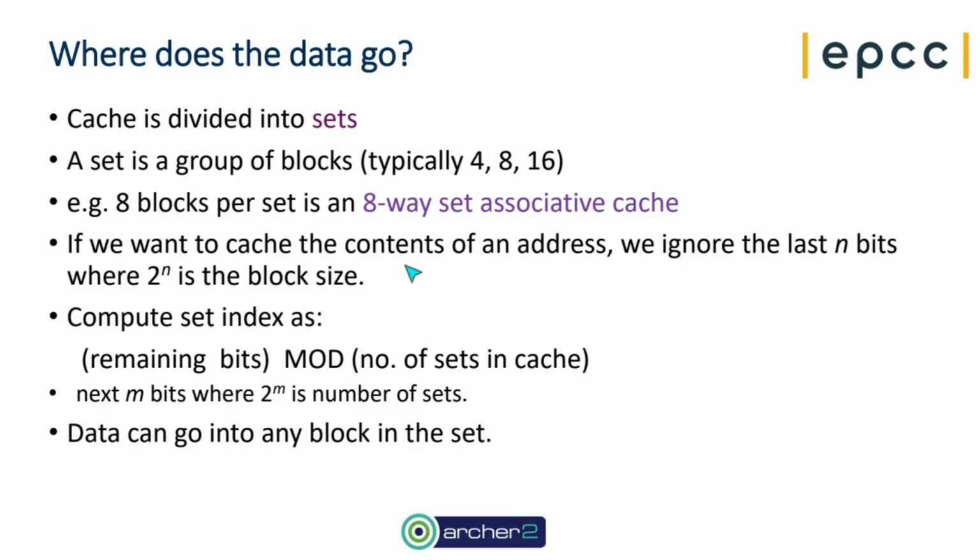If we want to cache the contents of an address, what happens in the hardware is that we look at the address and ignore the last n bits, where 2 to the n is the size of the block in bytes, and then compute the set index as the remaining bits modulo the number of sets in the cache. That's just extracting the next m bits out of the address, where 2 to the m is the number of sets. And then the data can go to any block in the set.